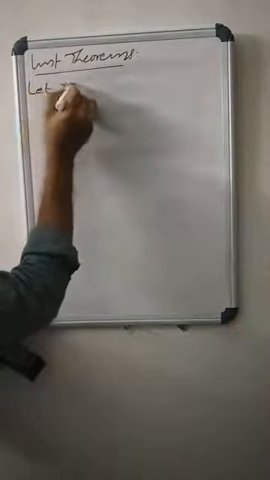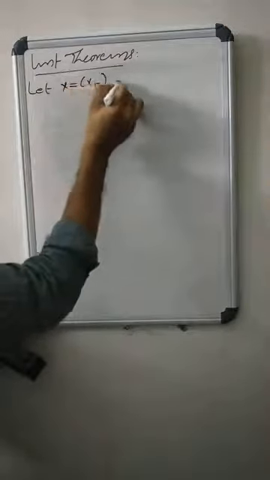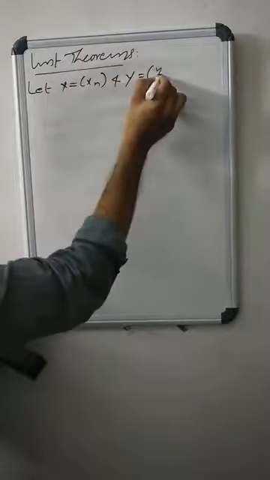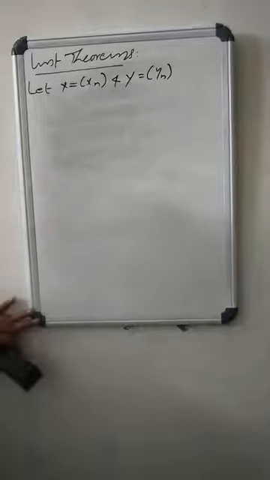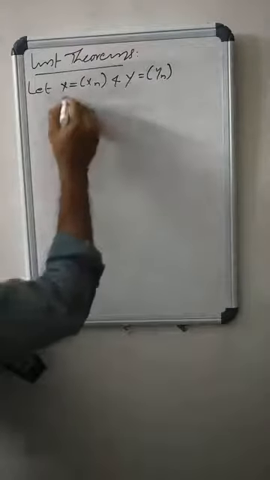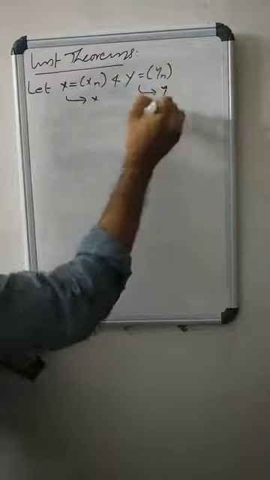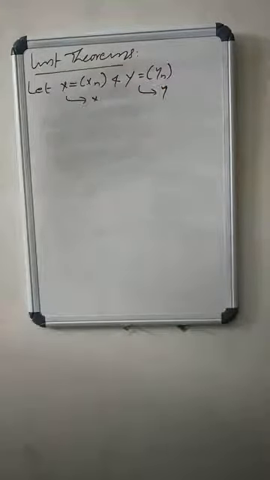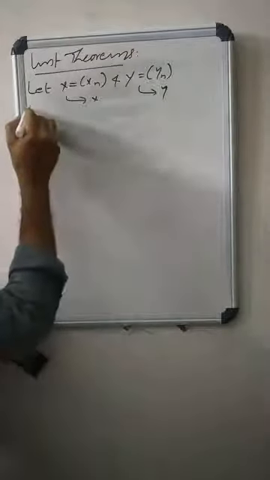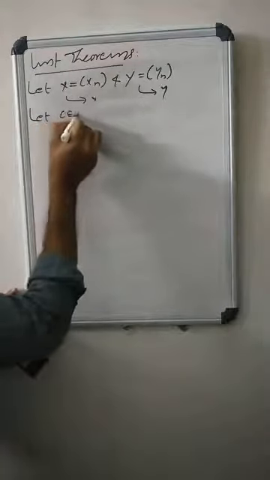Let x = (xn) and y = (yn) be sequences of real numbers that converge to x and y respectively. Let c be any real number.